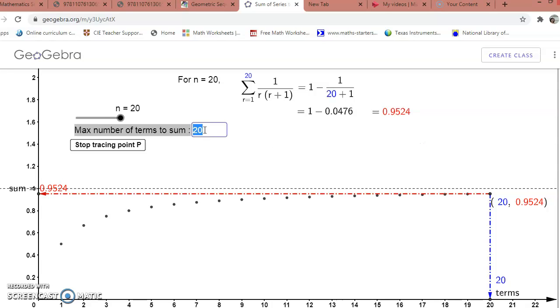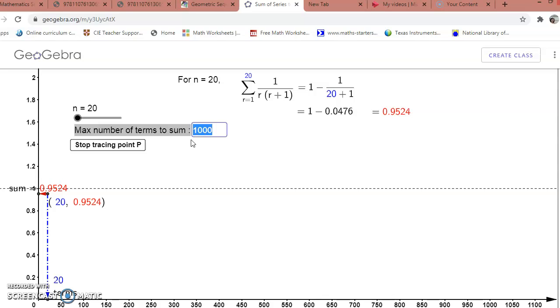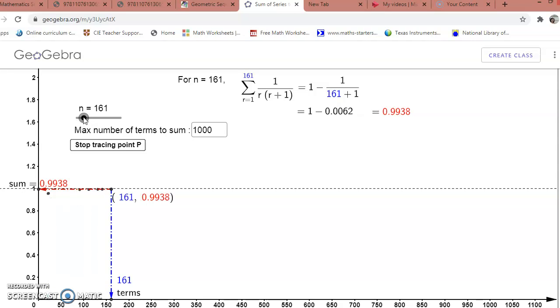Let me now change the maximum number of terms to, let's say, 1000. Now let's see how this is going to behave. From 21, if I plot 100 values, it's coming closer. It has become from 0.95 to 0.99.